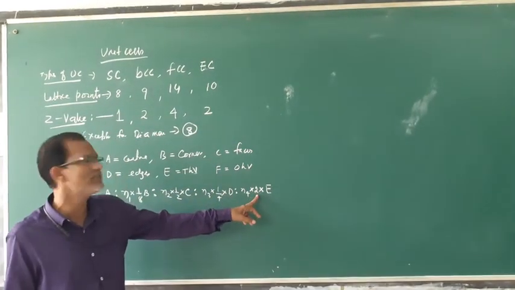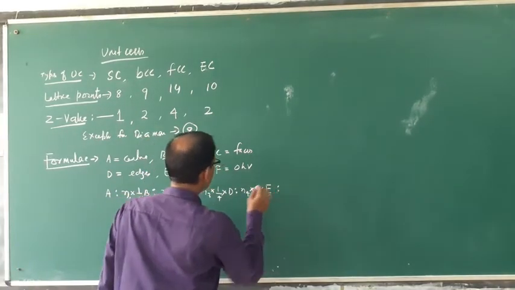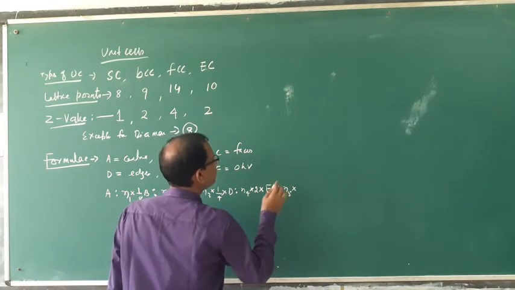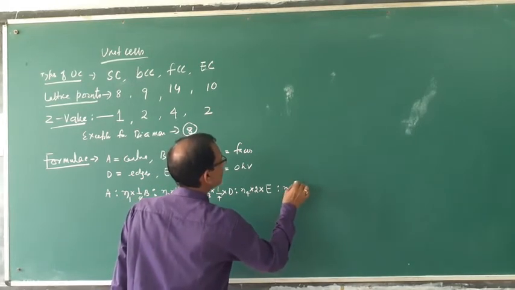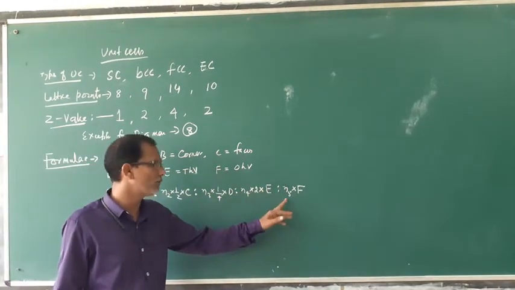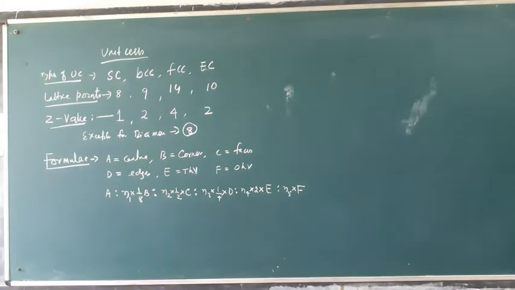That's why 2 is multiplied. But for F it remains the same, n5 into F. Here F, that means octahedral voids, is the same as the number of spheres, n5. So this is the composition.